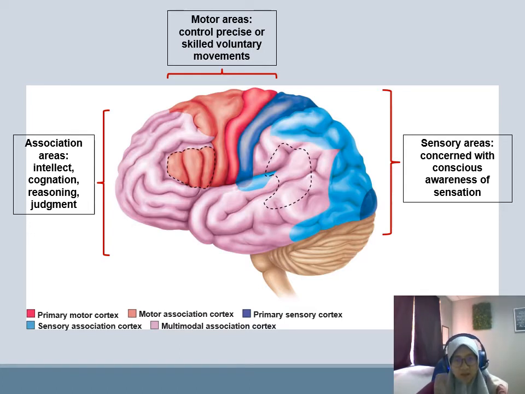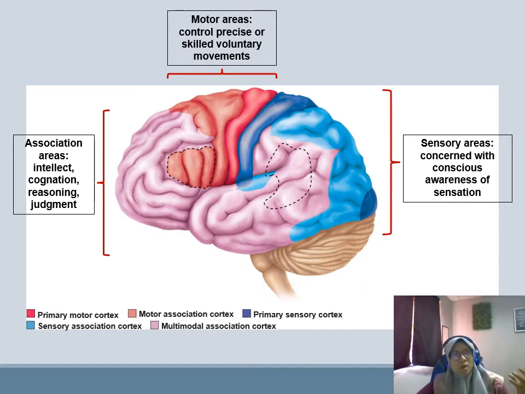Sensory. What do we feel? What have we seen? What have we listened to? Usually they are for the special sense organs here. And then we have association areas, which function for intellect, cognition, reasoning, and judgment.